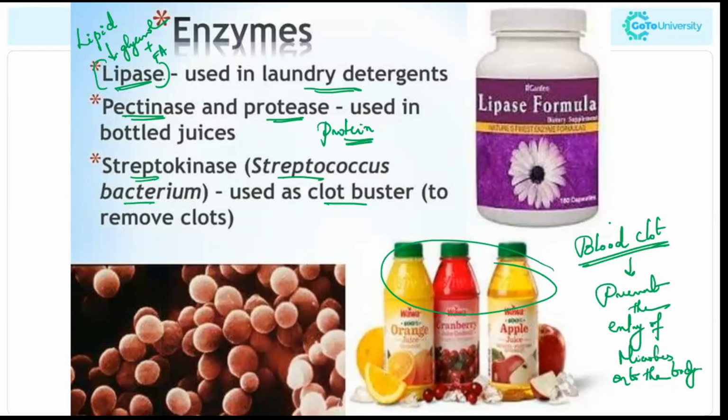Though clotting is helpful in some people, for patients who unnecessarily have blood clots it could be harmful. So this enzyme breaks the clot formation present in the blood vessels of myocardial infarction patients, and by this injection it can be removed.